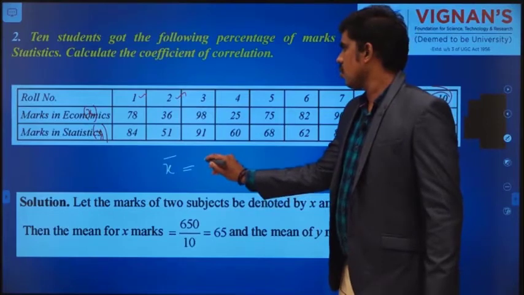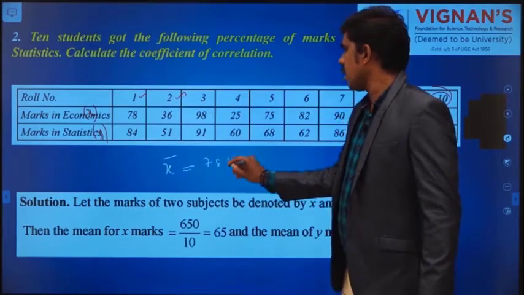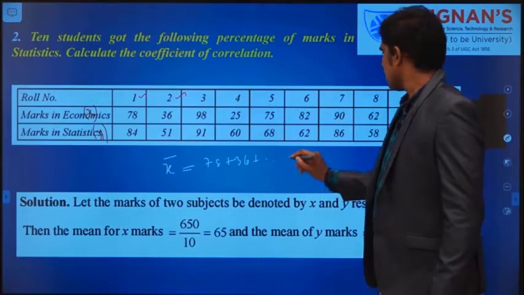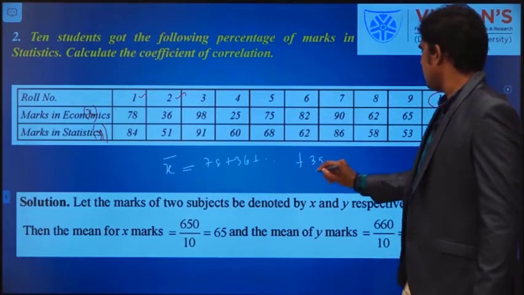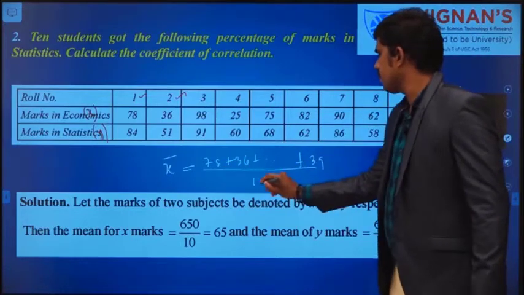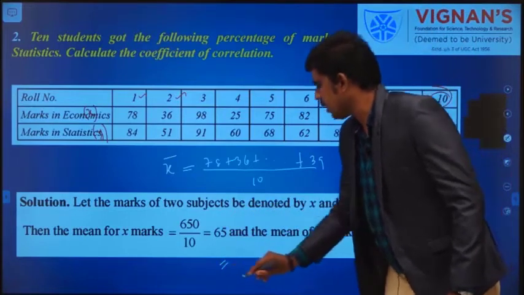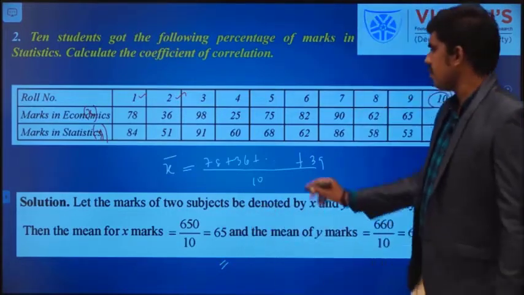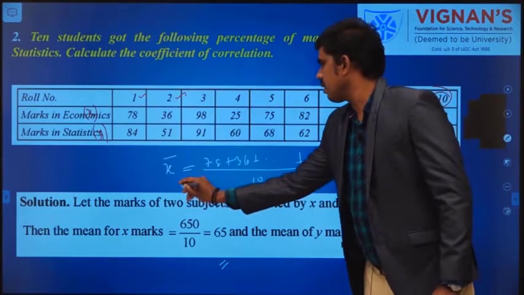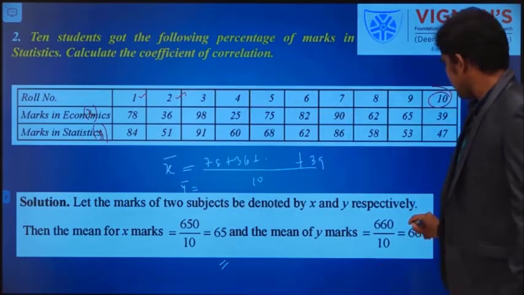You add all the values, up to 39, divided by the number of students, 10. So you will get 65, right? Similarly, you find the average value y bar, and you will get 66.